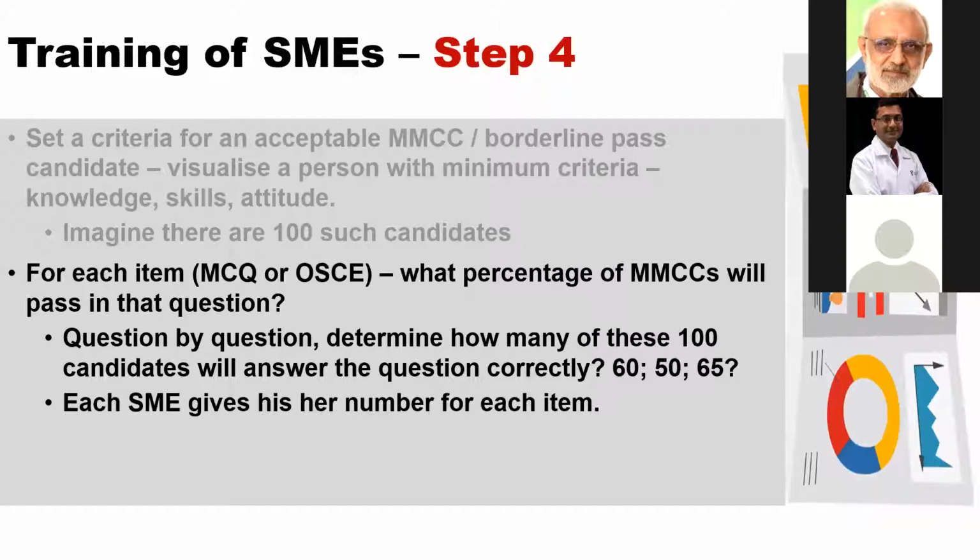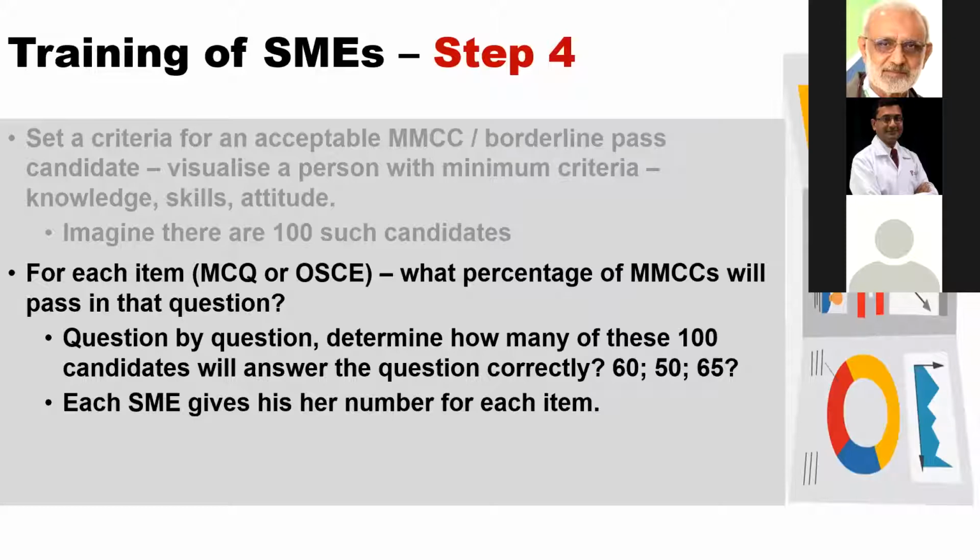So, number one, you decide the level of minimally competent candidate, and then you decide what percentage of such candidates would answer a particular question or a statement correctly. And this is done question by question.